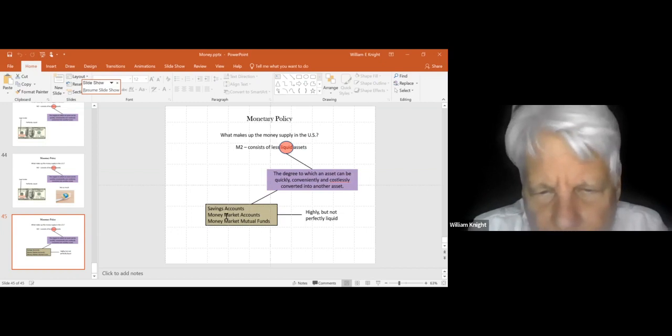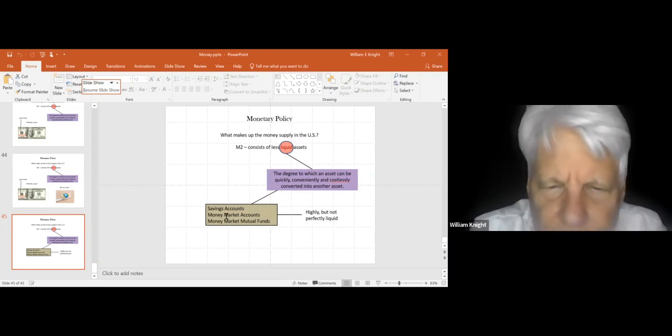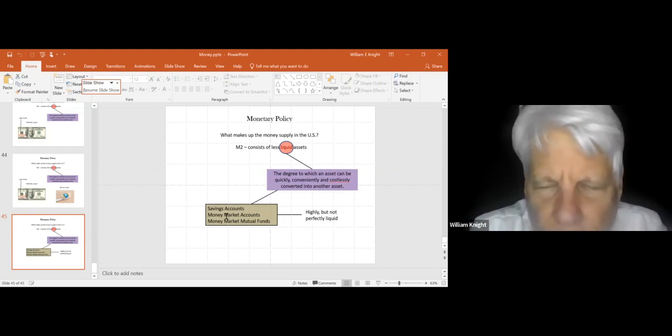You do not have full, complete, 100% access to your savings account like you do a checking account. If I have a checking account worth $1 million, I can write a check for $1 million, present it to the teller, and that teller will go back and within a minute or so, come back with $1 million worth of cash.